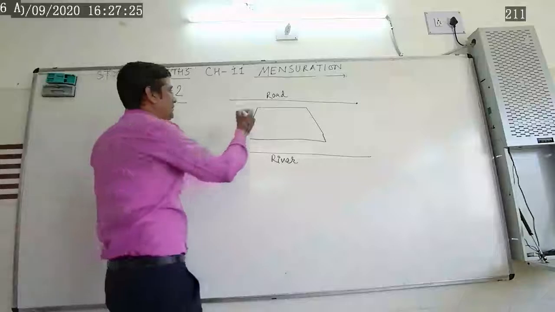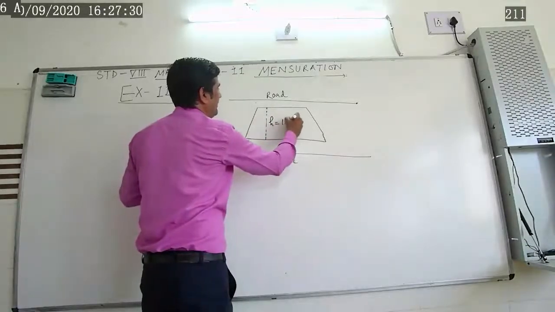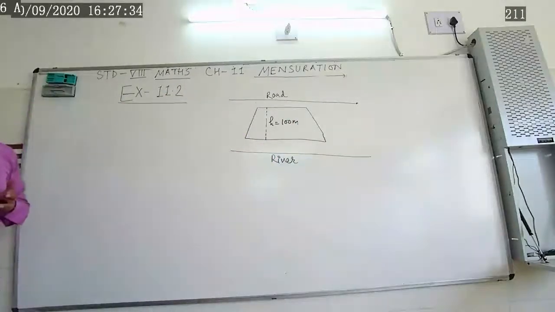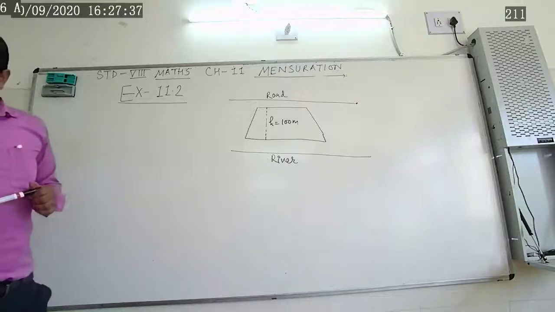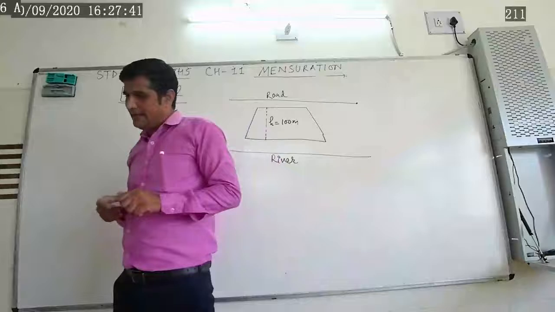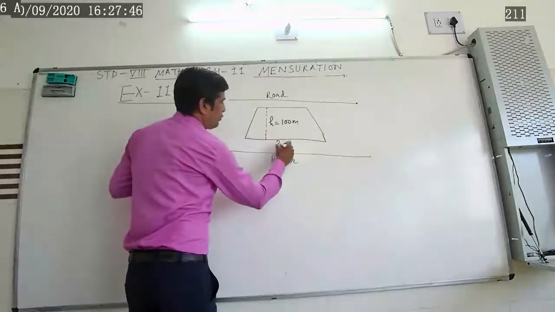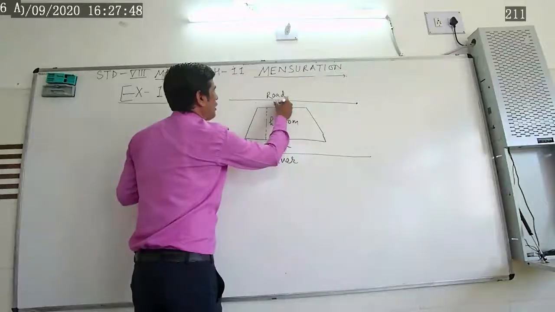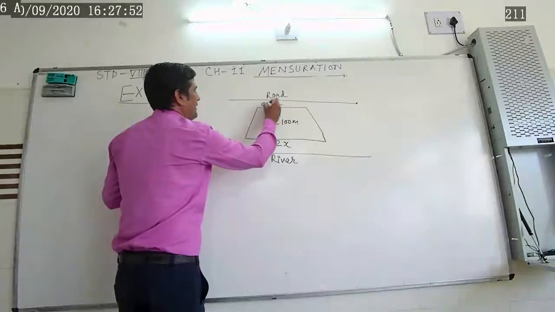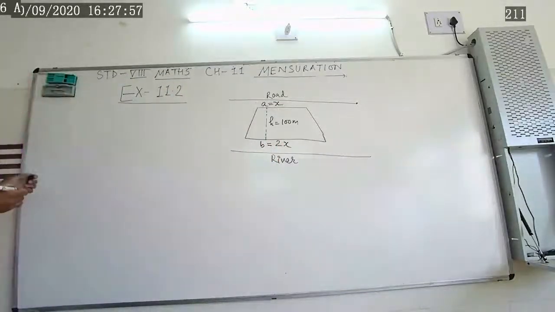And the distance between the two parallel sides is equal to 100 meters. Clear everybody? Now the condition is given: one of the parallel sides, the river side, is twice the side along the road. The river side is 2 times the road side, which means the value of A will be x and the value of B will be 2x.